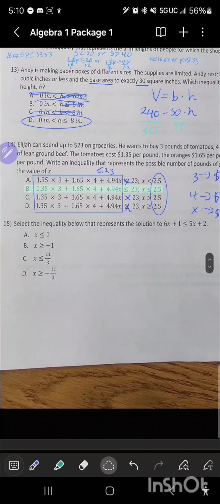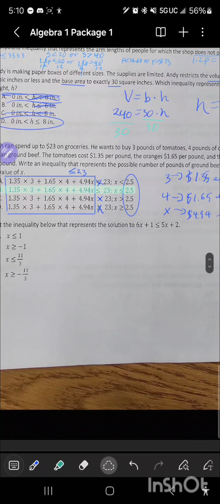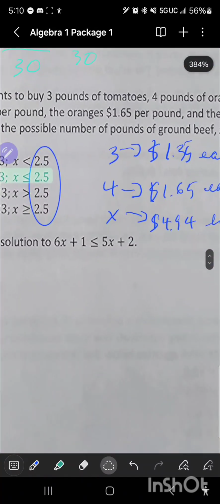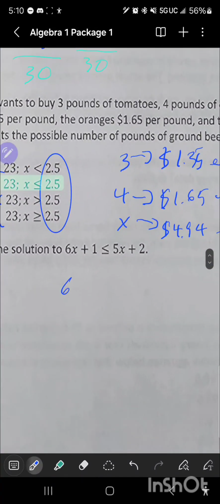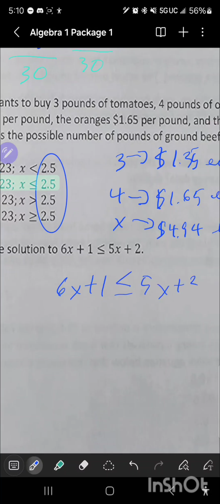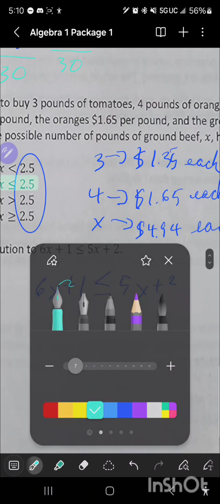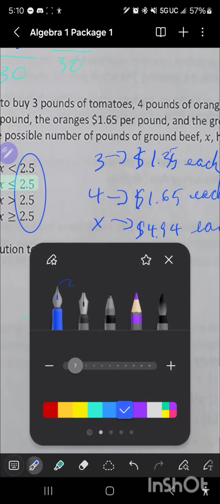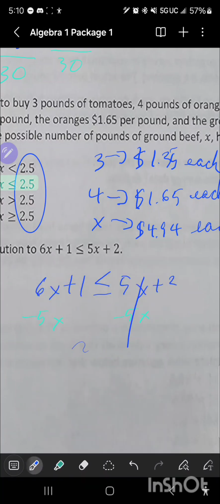Now select the inequality below that represents the solution to that equation. So basically what I'm going to do is just solve for it. I have 6x plus 1 less than or equal to 5x plus 2. So basically I'm going to take out 5x from each side. So this cancels out, and I get that x plus 1 is less than or equal to 2.